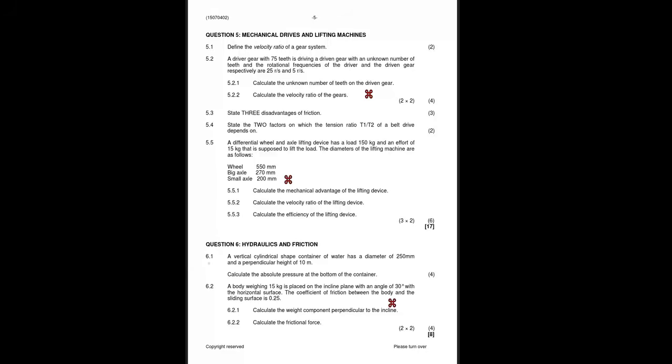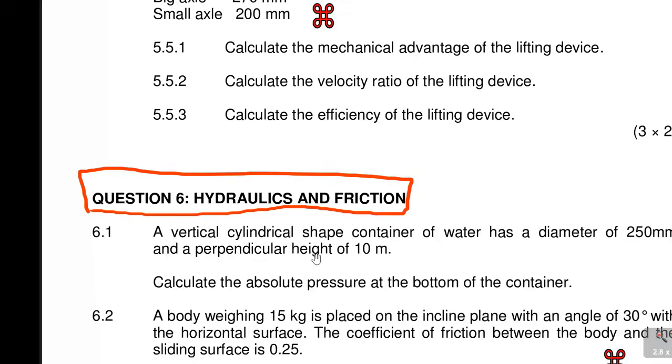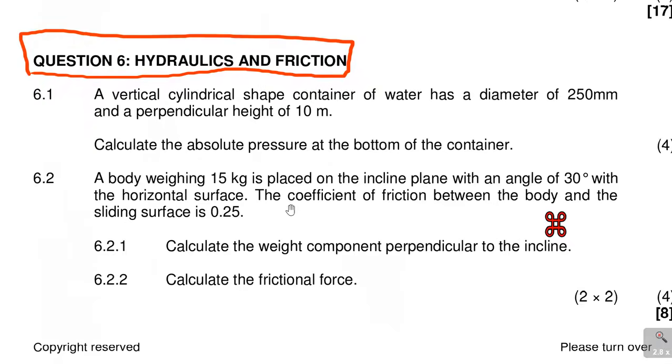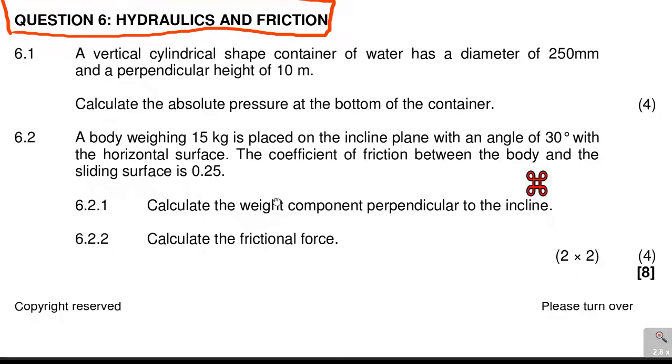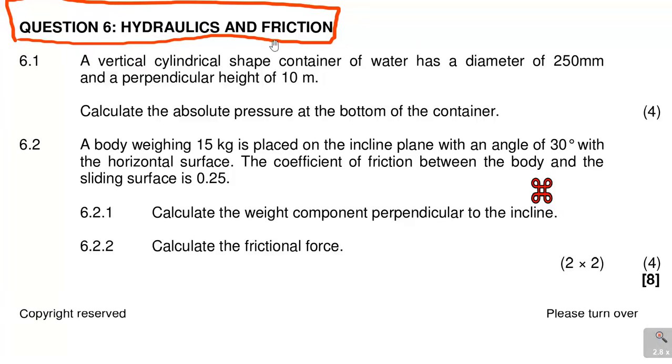This is the question that has to do with friction, but they combined it. In this question paper, it was hydraulics and friction. I'm interested mainly in friction, but I will answer this question on hydraulics just in brief. I'm not going to say much on it because the main focus is friction. Now let us look at 6.1.